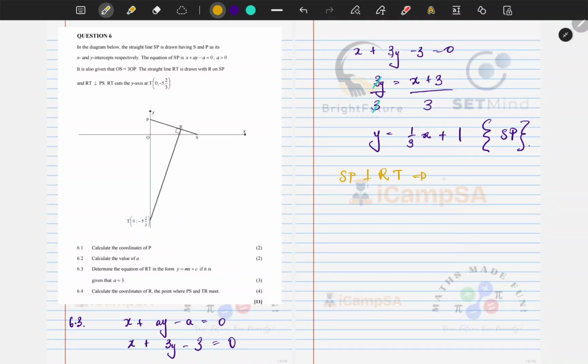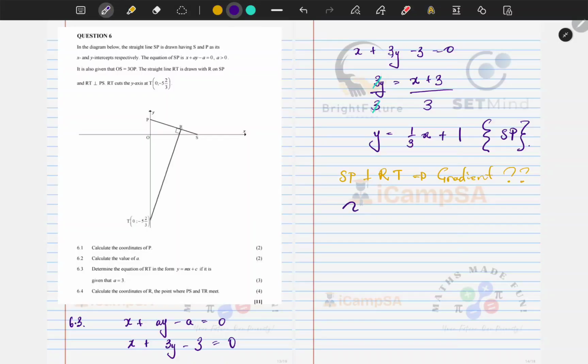What can we say about the gradient of perpendicular lines? The product of the gradients of perpendicular lines is always equal to -1. So what do we mean by that?